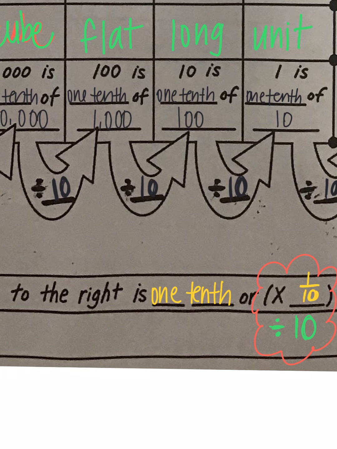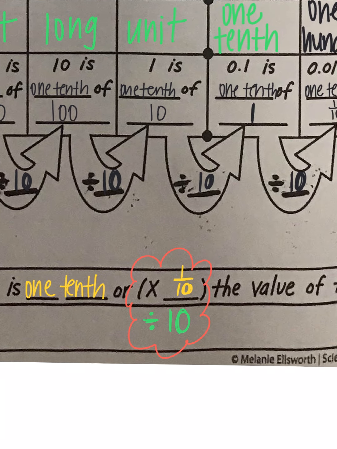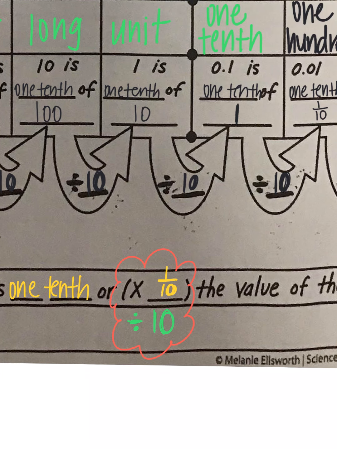When you multiply by 1/10, it's the exact same thing as dividing by 10. So each move to the right is 1/10, or divided by 10, or multiply by 1/10, the value of the previous place.